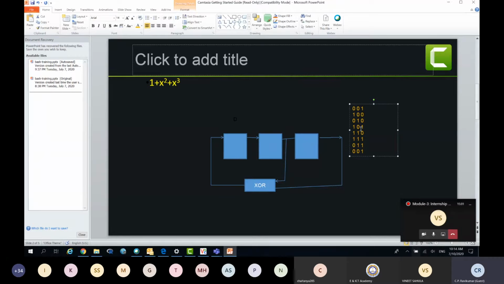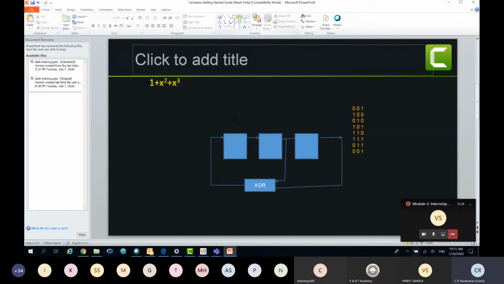Then 1, 0, 1 is state 5. 1, 1, 0 is also present. 1, 1, 1 is also present. So all the states from 1 to 7 are present here. The only thing that is missing is the state 0, 0, 0. If you put the flip-flops into the all 0 state, then unfortunately this LFSR will get stuck in that state.